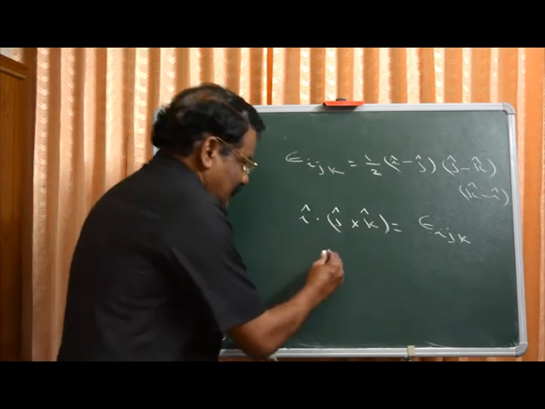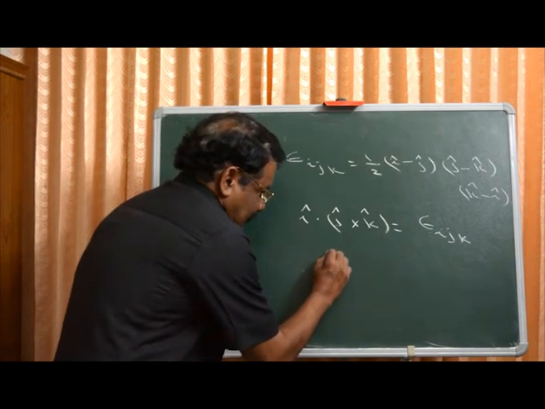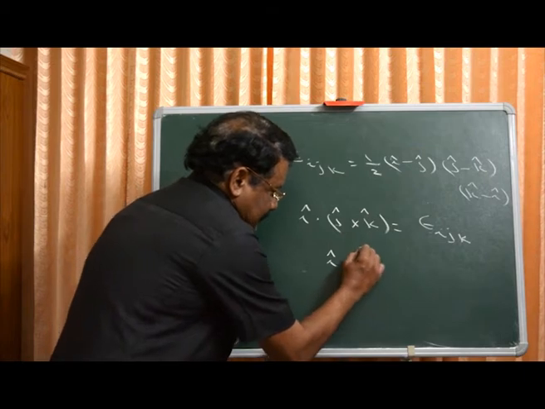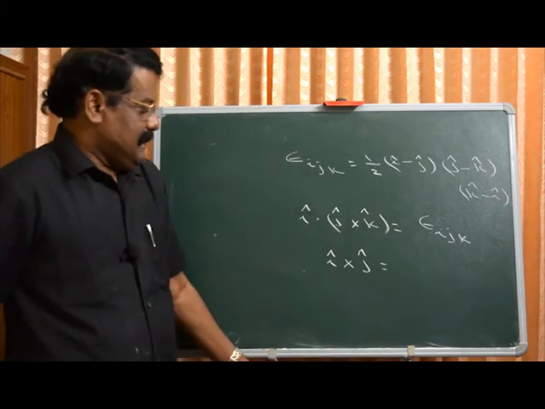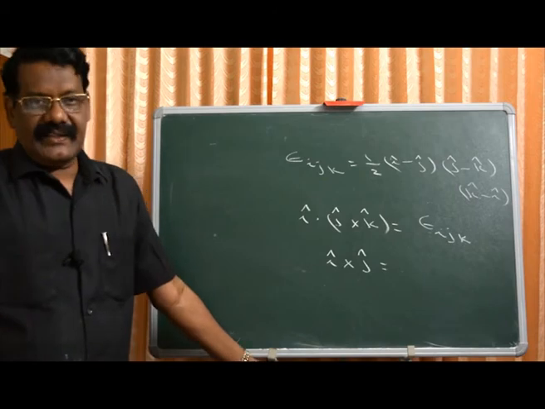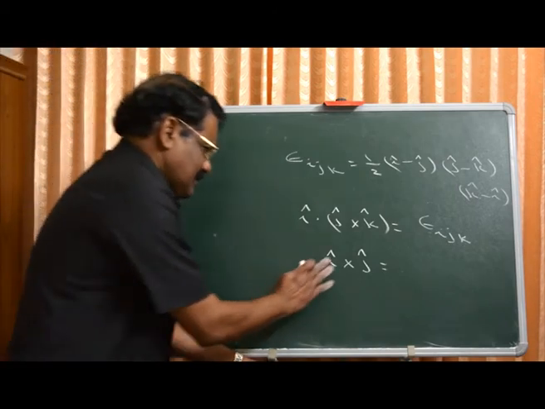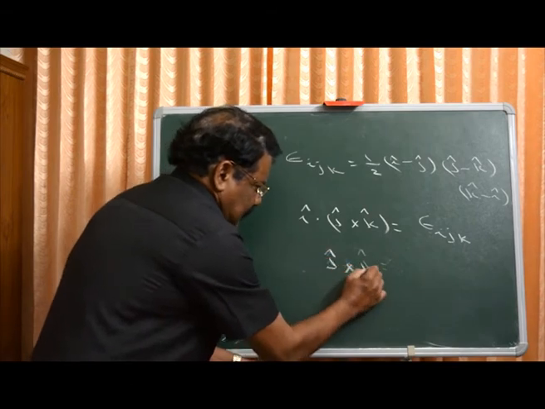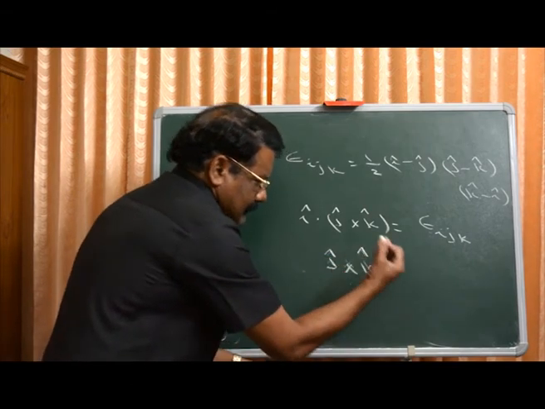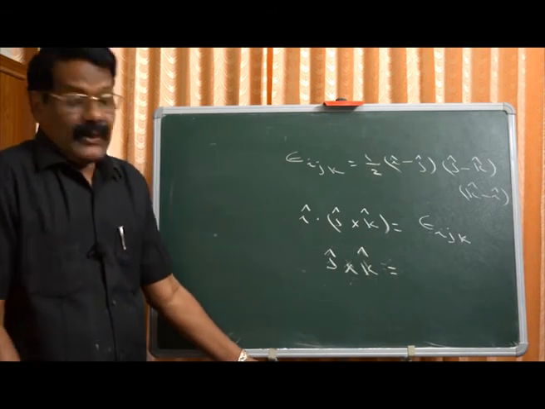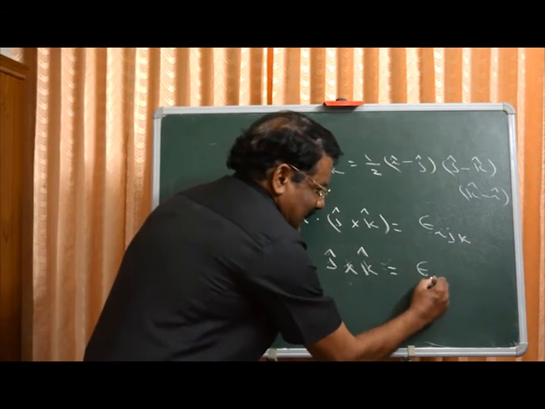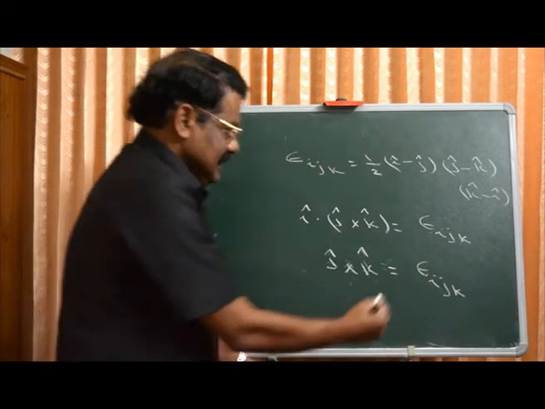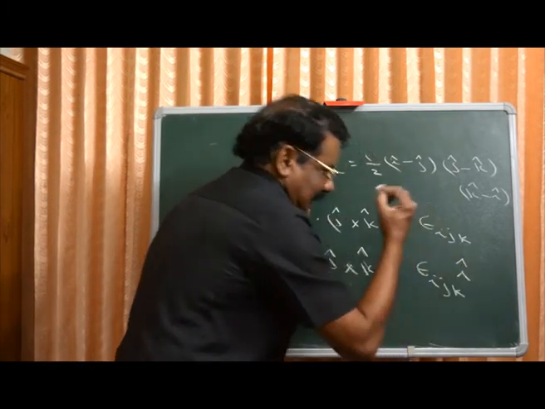Now you can very well write what is j cross k. J cross k can be written as epsilon ijk into i cap.